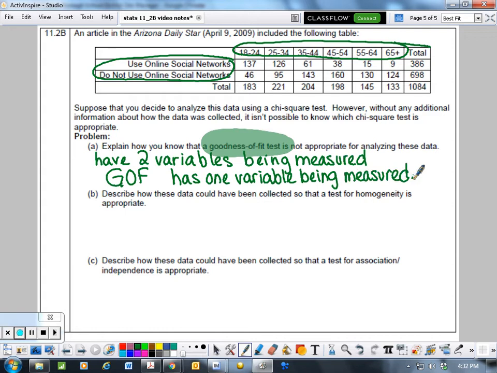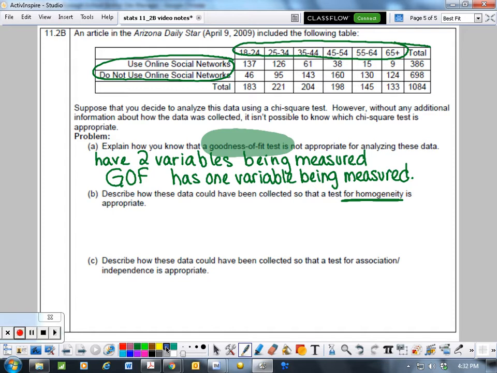Okay, describe how these data could have been collected so you could use a test for homogeneity. So a test for homogeneity would mean that one of my variables is going to be my explanatory variable. So does using a social network explain age, or does age maybe explain the use of social networks?